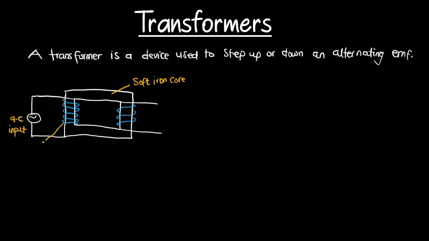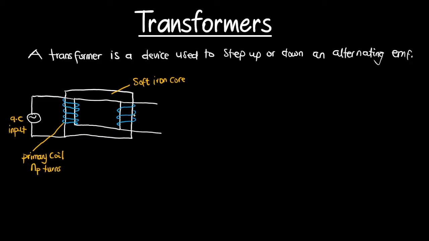The blue coils over there are what we are calling the primary coil. You can see that the coil is wrapped around the soft iron core a number of times. That is what we call the number of coils, or the number of turns. So we use N subscript P to represent that, the number of primary turns. So we say this is NP turns.